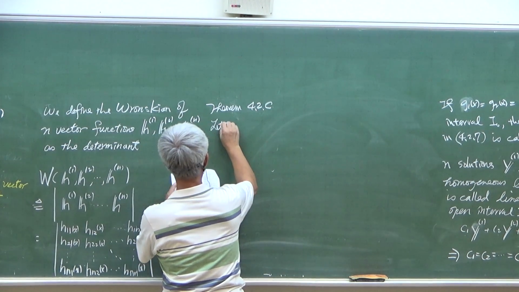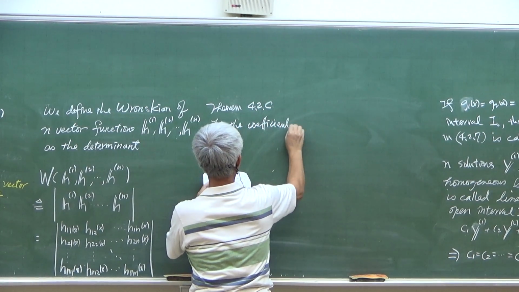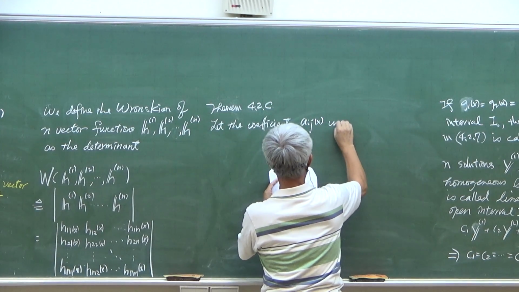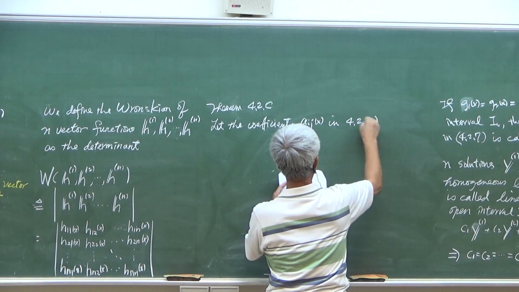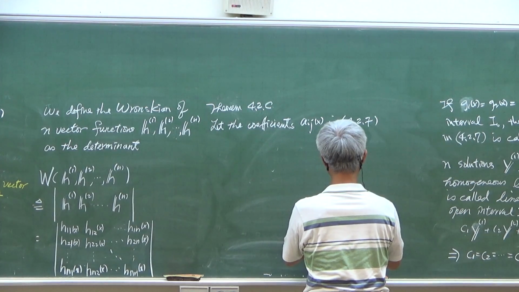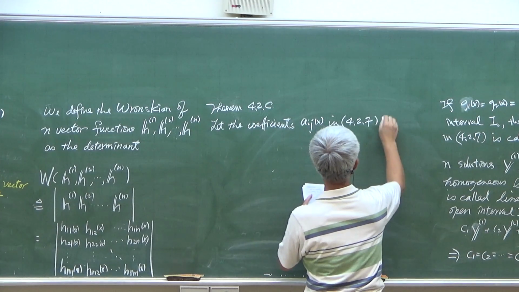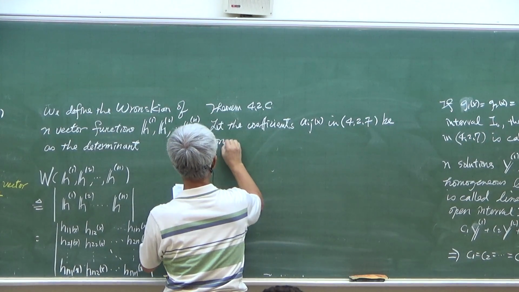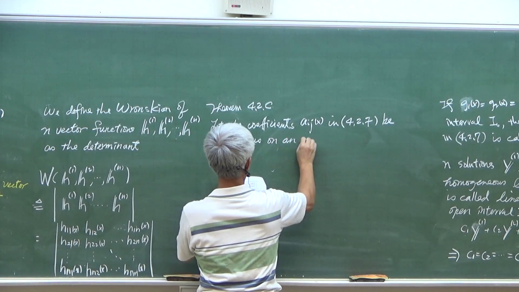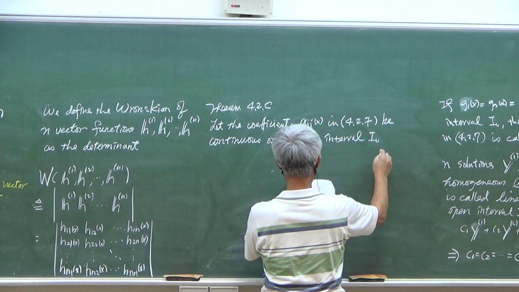Let the coefficients Aij in 4.2.7 be continuous on an open interval.